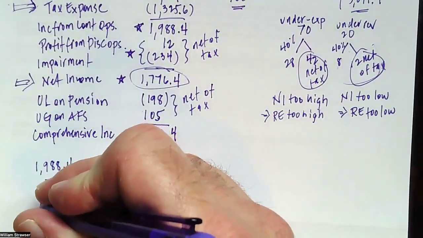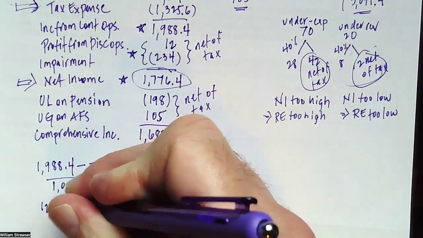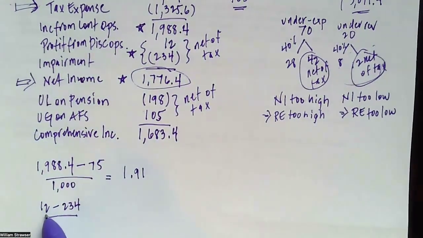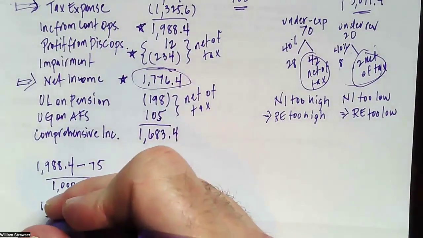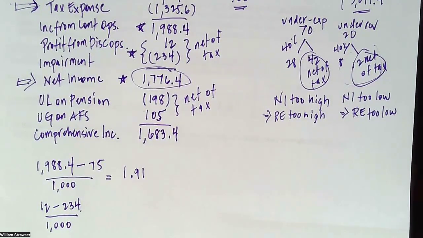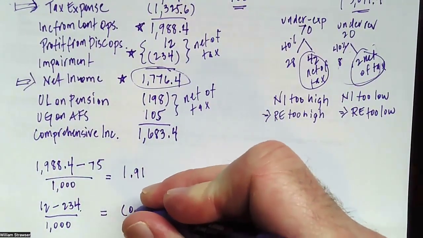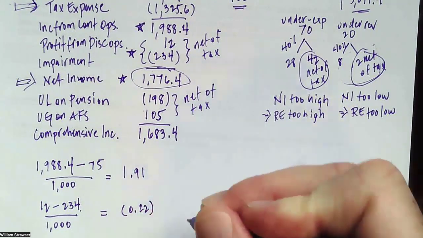So this one would be the 12 minus the 234, because that is the profit from the disc op. This is the impairment of the disc op. Divide that by 1,000. And that is negative 22 cents.